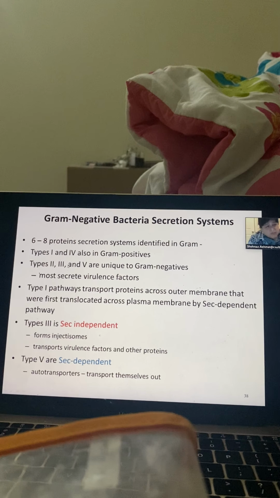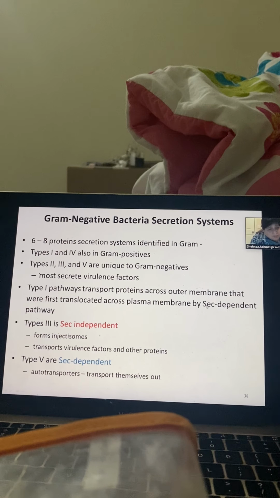And most of these type 2, 3, and 5 are the ones that secrete virulence factors. You know, some of the gram-negatives release virulence factors. So definitely these will be used mainly for secreting virulence factors from gram-negative bacteria. Type 1 pathway transports proteins across the outer membrane that were first translocated across the membrane by the SEC-dependent pathway.